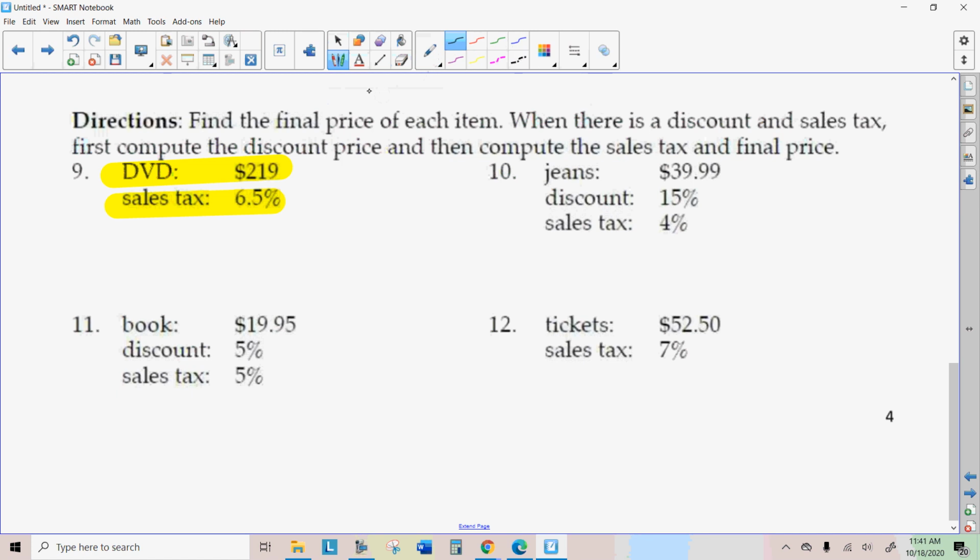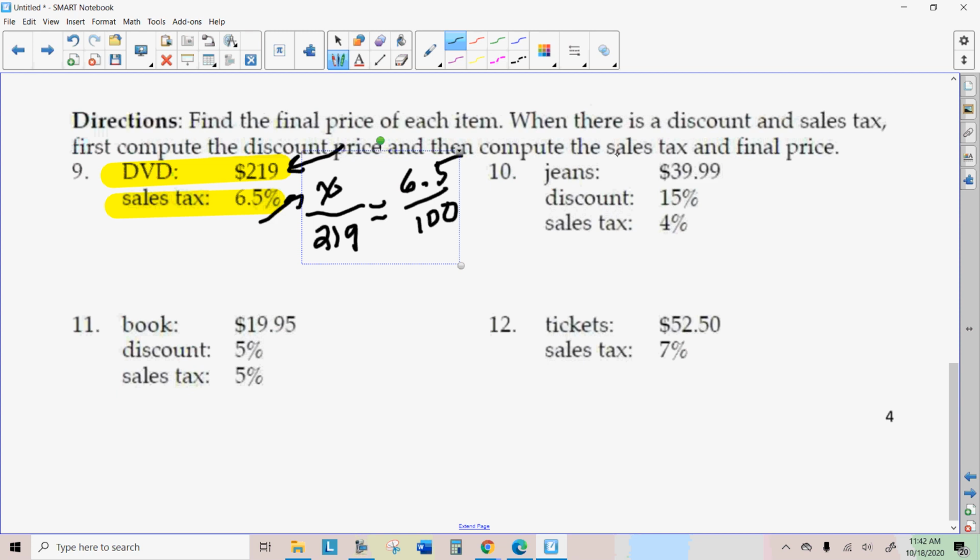So to get 6.5% of this price, one way you could do it is let that 219 be the whole, and you have your percent over 100. And then the part you're looking for here is the 6.5%, the tax. So this is the tax.